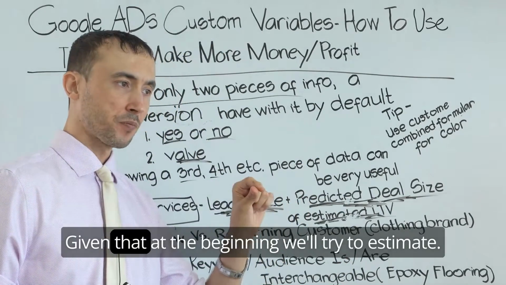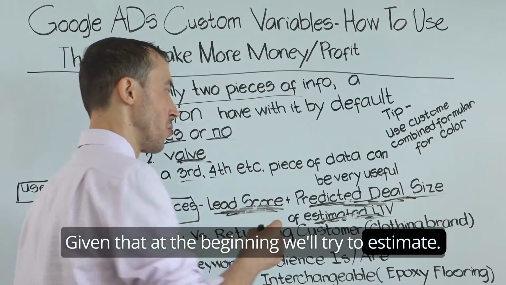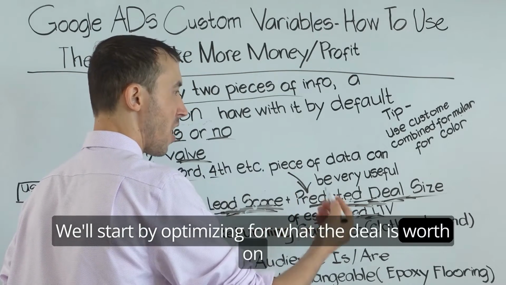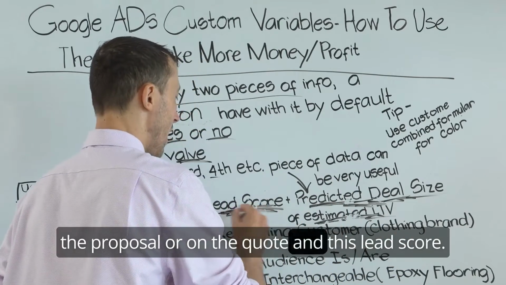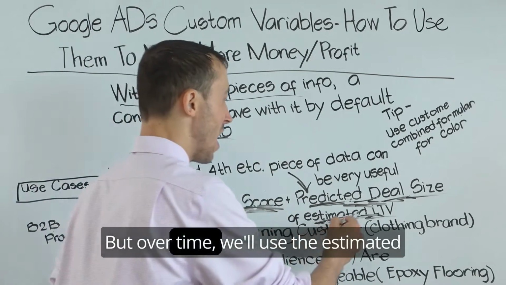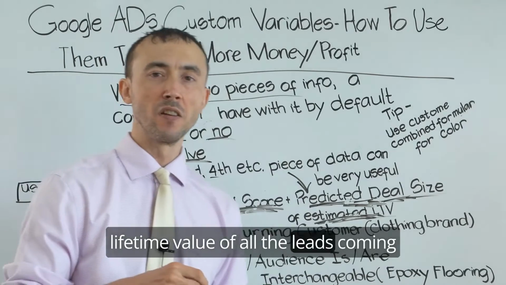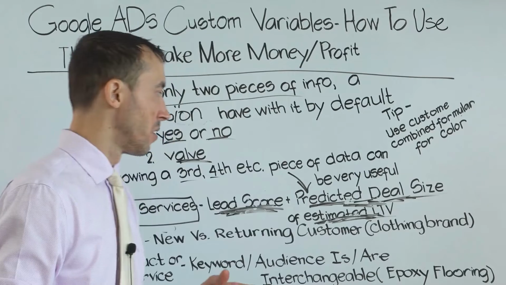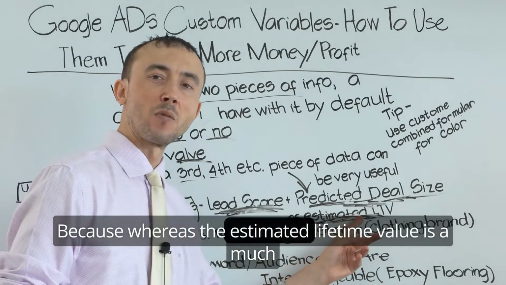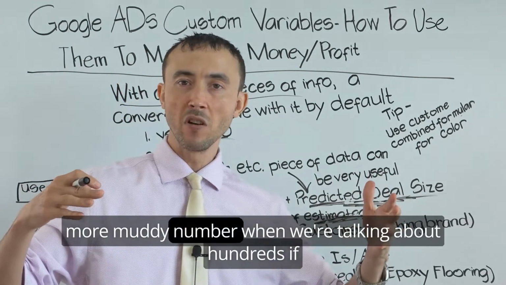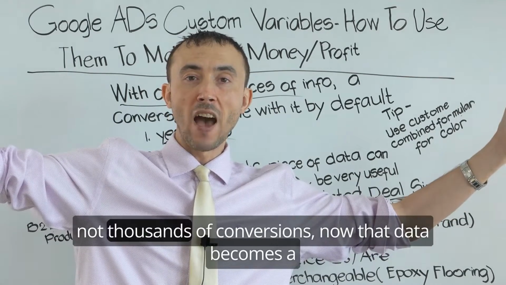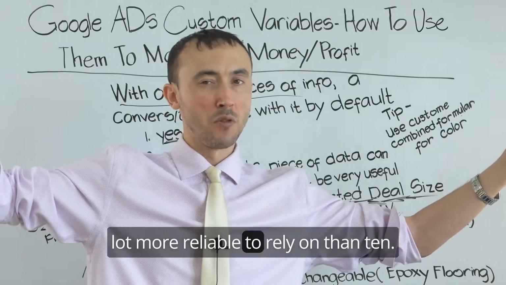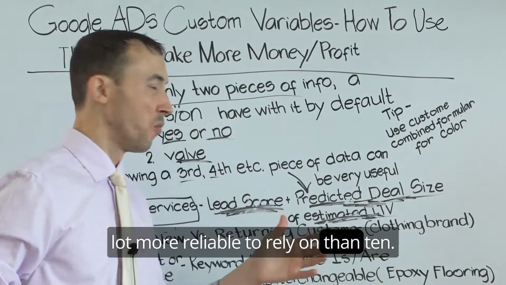At the beginning we'll start by optimizing for what the deal is worth on the proposal or on the quote, and this lead score. But over time, we'll use the estimated lifetime value of all the leads coming in to eventually steer the ads with, because whereas the estimated lifetime value is a much more muddy number, when we're talking about hundreds, if not thousands of conversions, that data becomes a lot more reliable to rely on than 10.